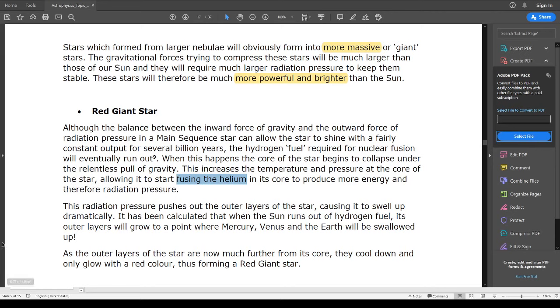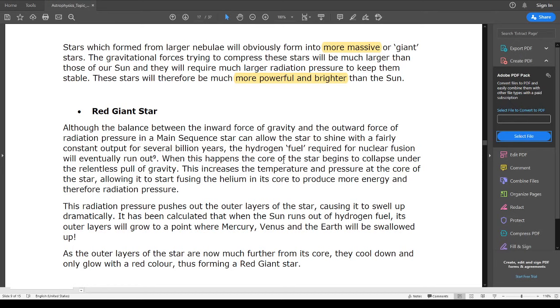So now that the star has begun to collapse due to its gravity overcoming its radiation pressure force, as the core of the star collapses under the relentless pull of gravity and the temperature and pressure have increased at the core, the temperature and pressure is finally high enough for helium fusion to occur.